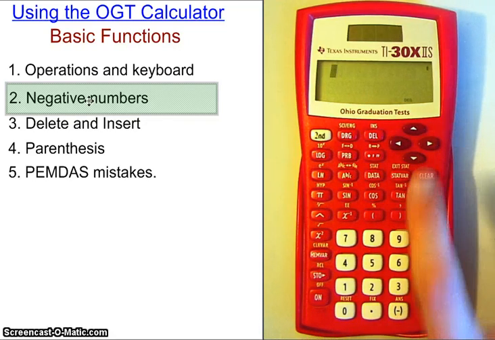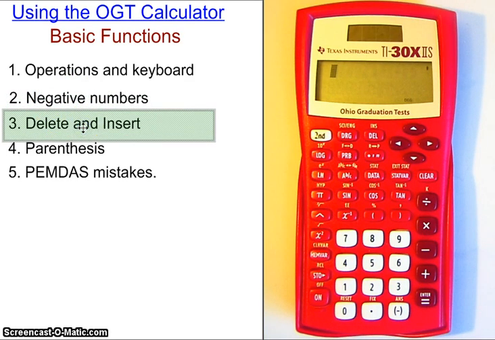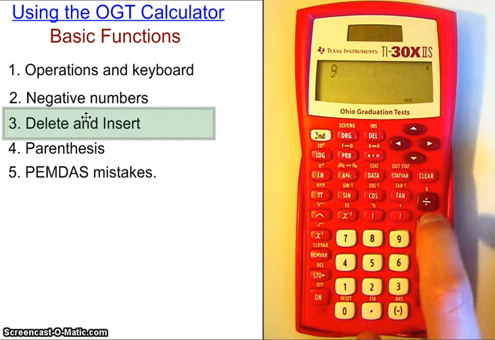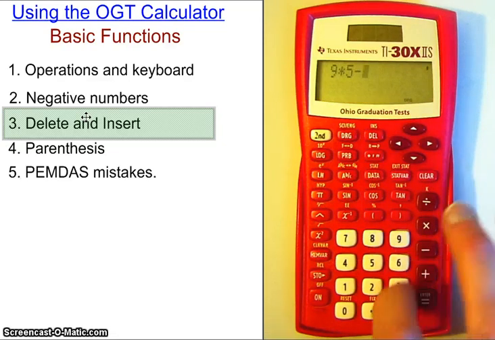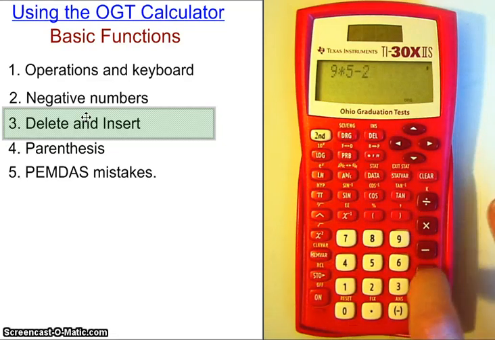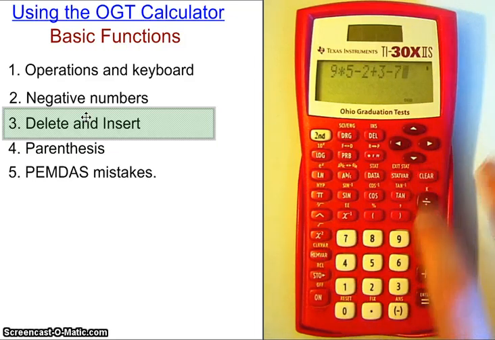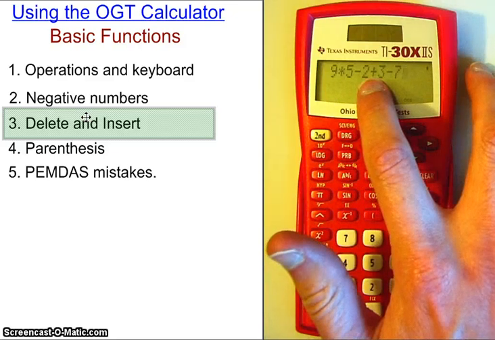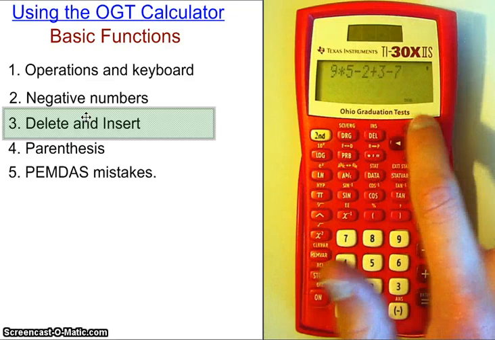So I'm going to push clear, and then I'm going to jump to delete and insert. This can be valuable when you type in something that's kind of long and you realize you made a mistake with typing it. So let's say we have 9 times 5 minus 2 plus 3 minus 7, and then we realize, oops, wait a second, this addition sign here was actually supposed to be a multiplication sign. You'll notice these little arrows here.